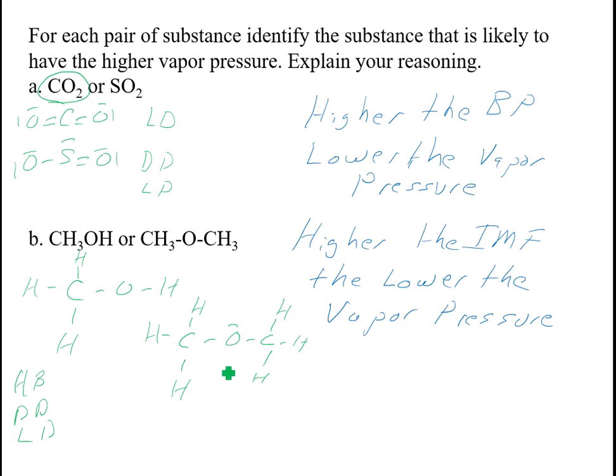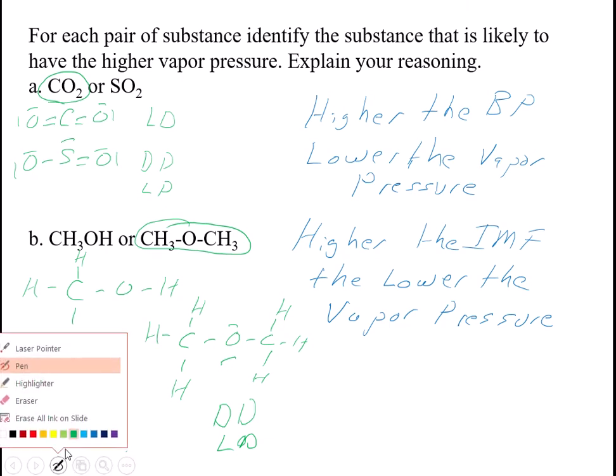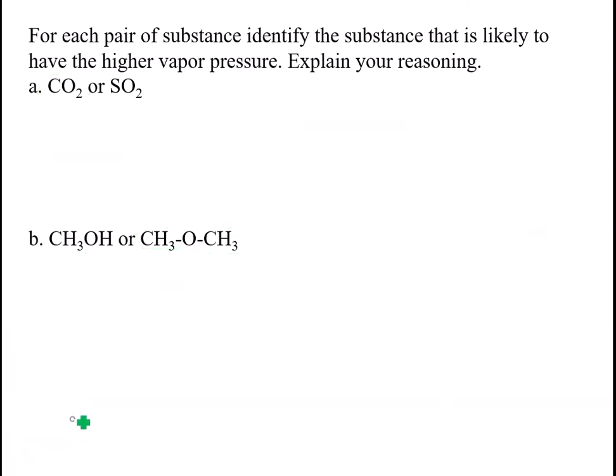Because I have two lone pairs on this oxygen, it's going to be bent, so it's still polar, dipole-dipole and London dispersion, but it doesn't have the hydrogen bonding. So therefore, this molecule here is going to have the higher vapor pressure. Okay, and I think that's the end of this lesson.